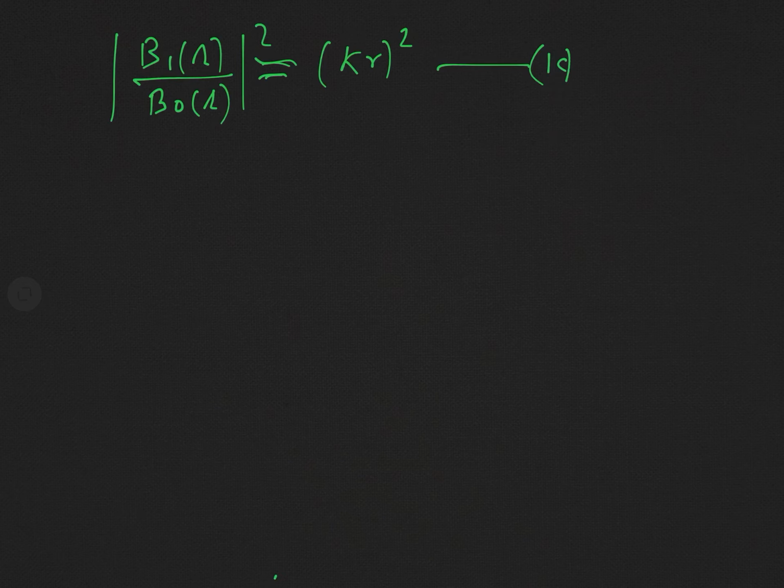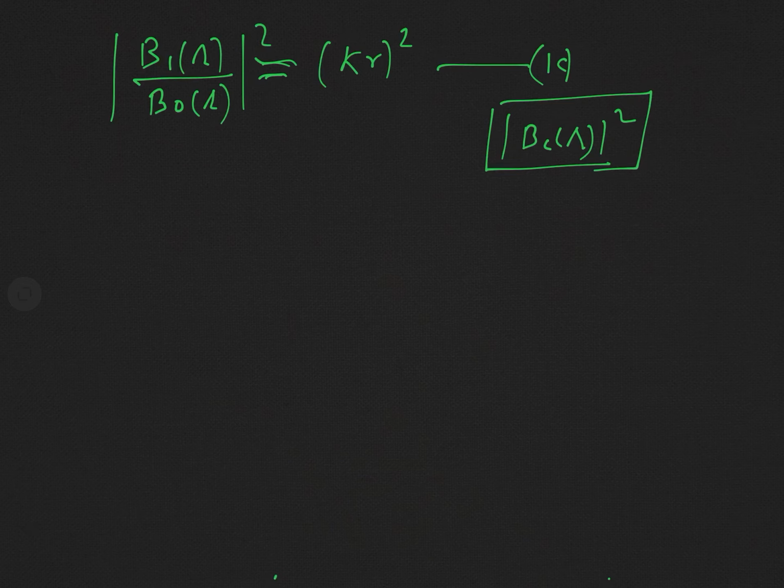One thing definitely will arise in your mind: why have we not taken just the ratio of these two radial wave functions, B1 of R by B0 of R, but instead calculated the square of the modulus of these two functions? Why? Actually, the probability density is determined by the square of the modulus of the wave function.